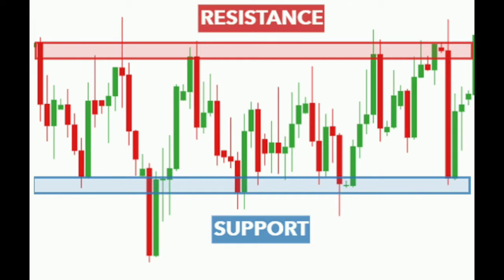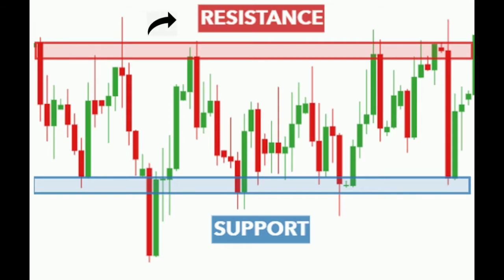These are price rejection zones caused by some factors. As a Forex trader, you can either predict the market to go upwards from your support zone or predict the market to come downwards from your resistance zone.